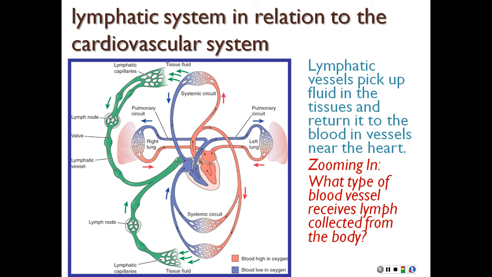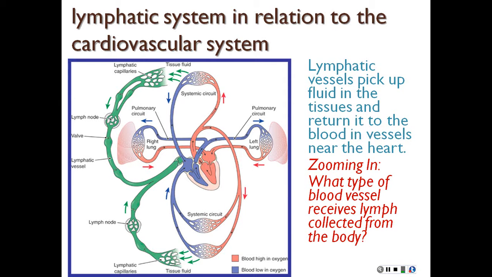So, in other words, if there was no lymphatic system, we would run out of blood. Okay, because all of the fluid would leak into the tissues, and none of it would go back. So the primary purpose of the lymphatic system is to pick up that excess fluid from the interstitial space and return that fluid back to the circulatory system.